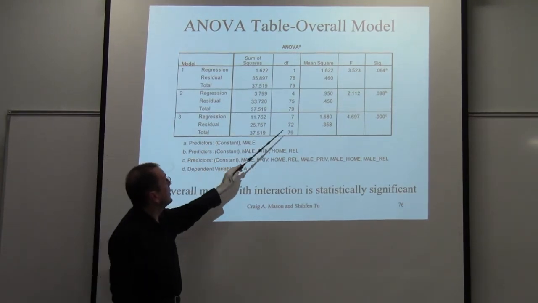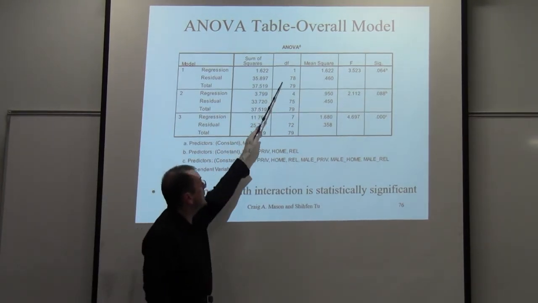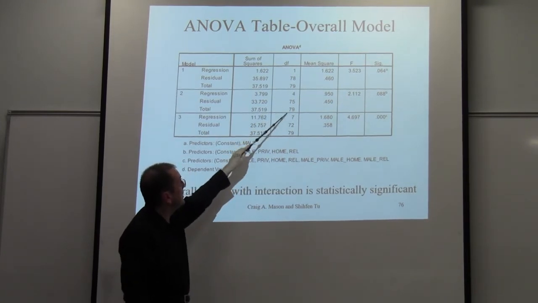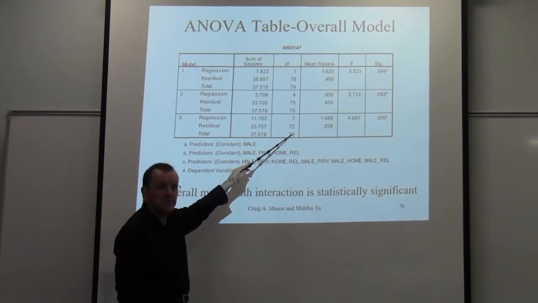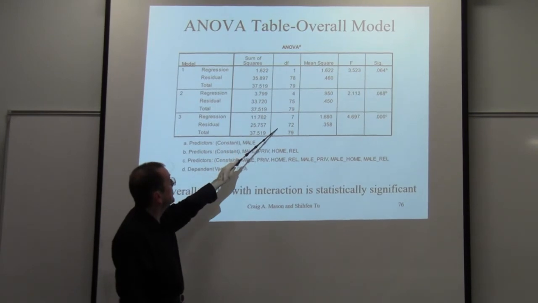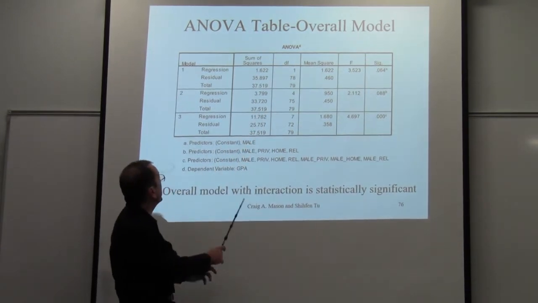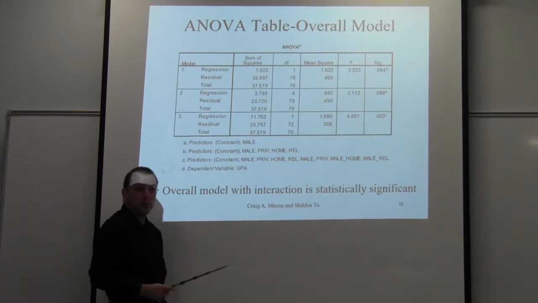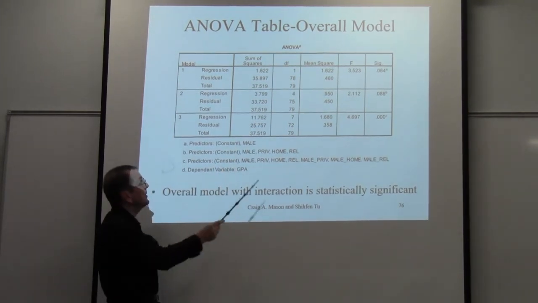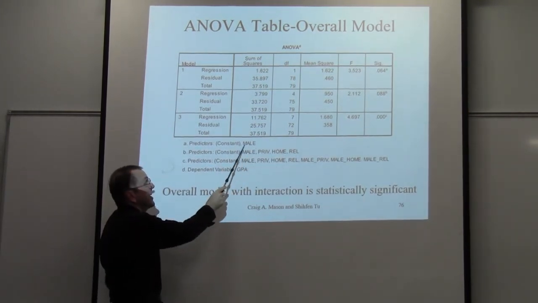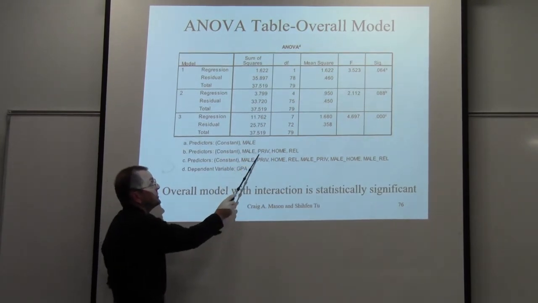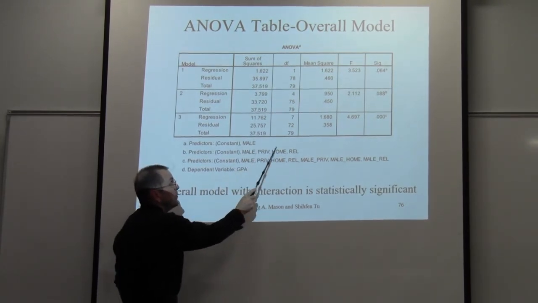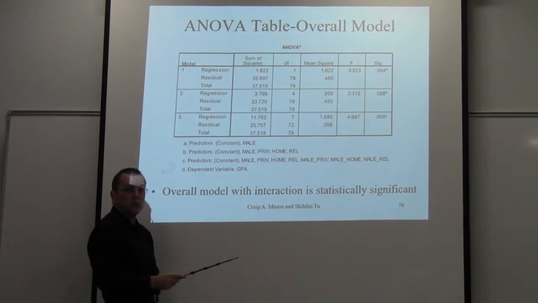We first enter child gender, then we enter school type, and then we enter the interaction in three steps. You can see that here in SPSS, this is our ANOVA table when we do it in regression. We first enter male, and then the model has male plus the three dummy codes for school type.